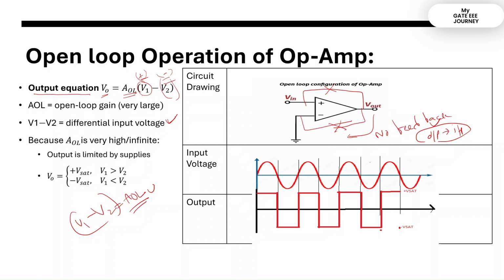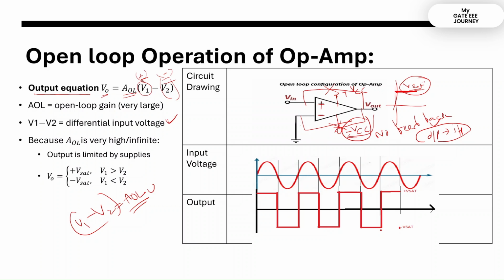Here what happens, it simply acts as a switch, means if positive voltage is higher than negative voltage, output will be positive side. Here we use term as V saturation positive. Generally there are two supply voltages, one is plus VCC, another one is minus VCC.